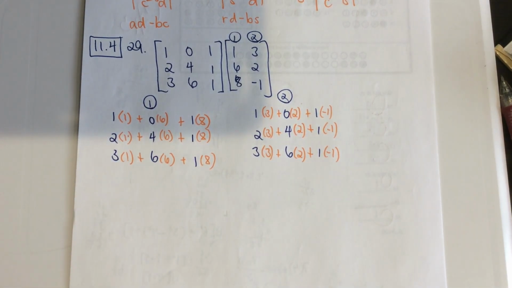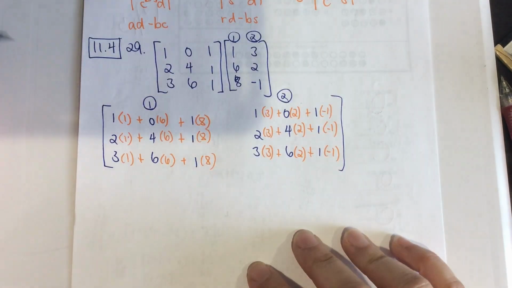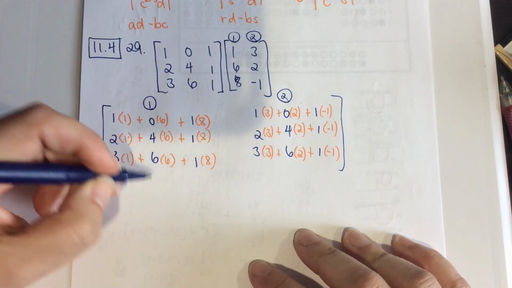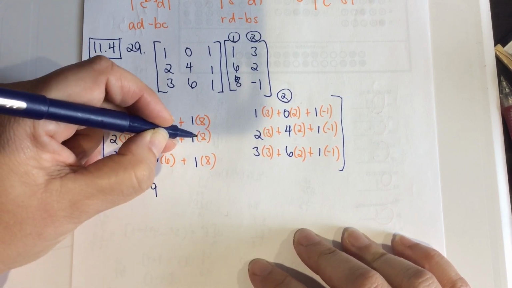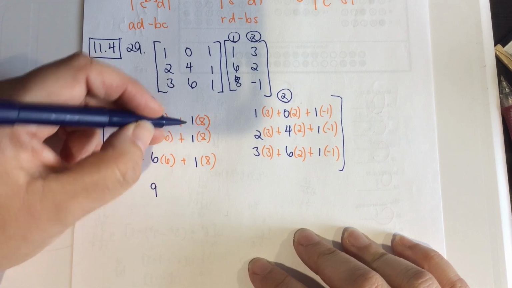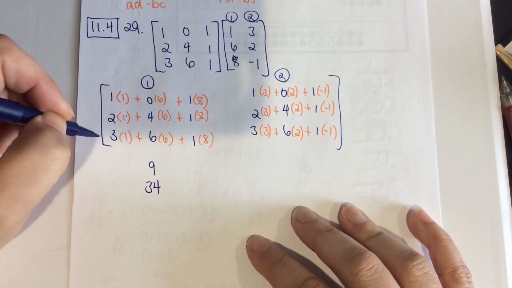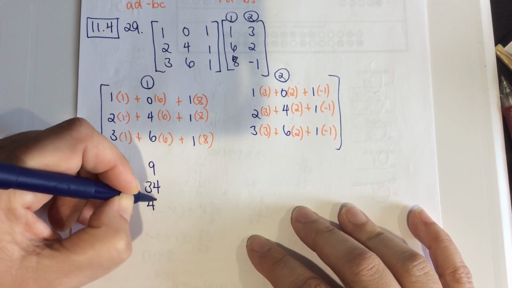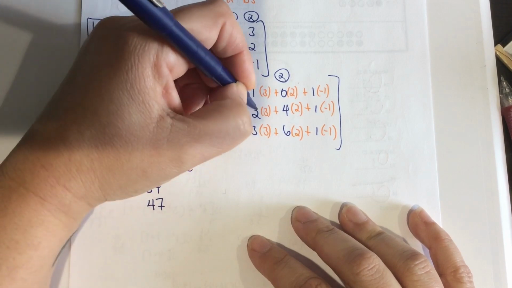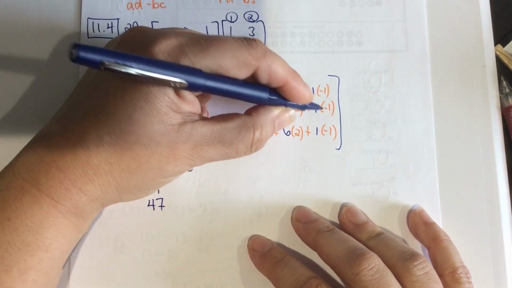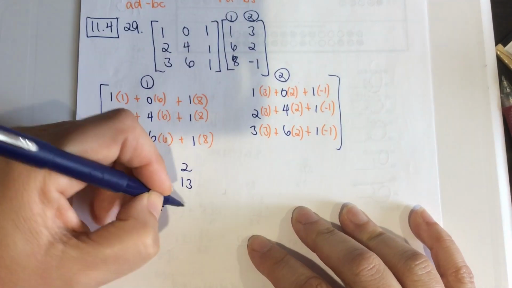Okay, and then I'm just going to do the arithmetic. Hopefully I don't make a mistake on the arithmetic, but you know me. What is this? 1 plus 8. 2 plus 24, so 26 plus 8 is what? 34. 3, that's 36, so 39, so 47. 3 minus 1. 6 plus 8 is 14 minus 1. 9 plus 12, so 21 minus 1.